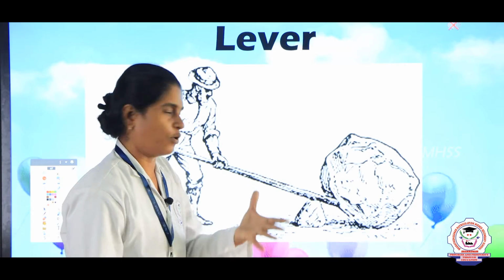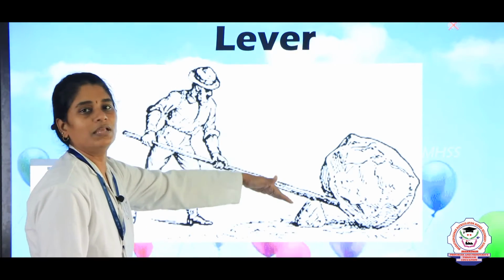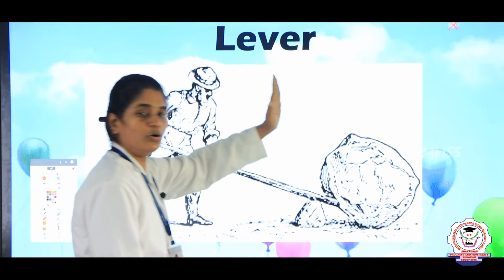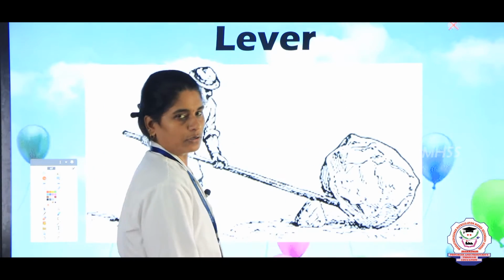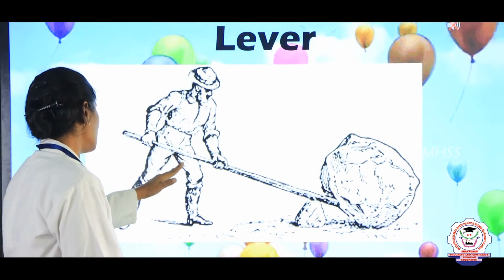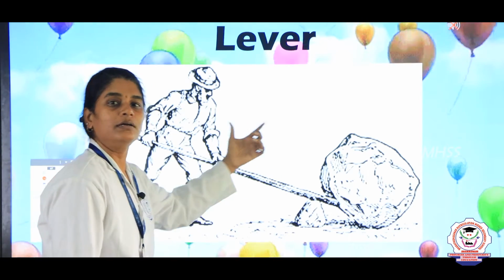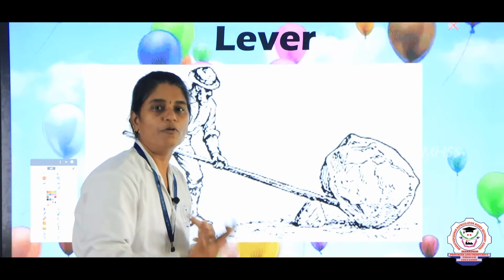Fulcrum is a fixed point. By placing this small stone, and with the help of the lever, he is able to push the boulder, the rock. A lever is a rigid rod that helps objects to move freely.